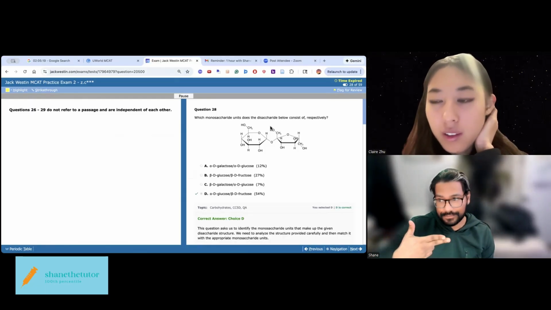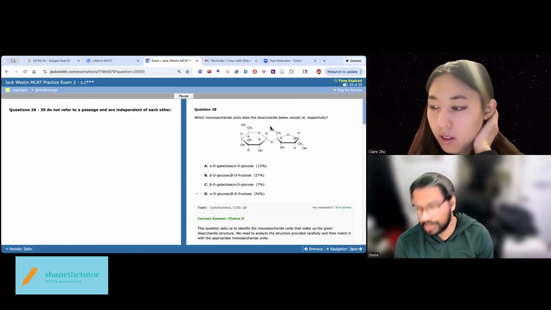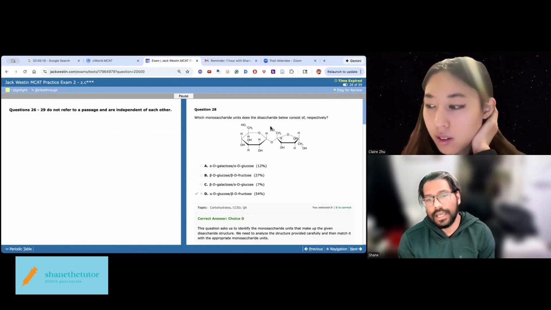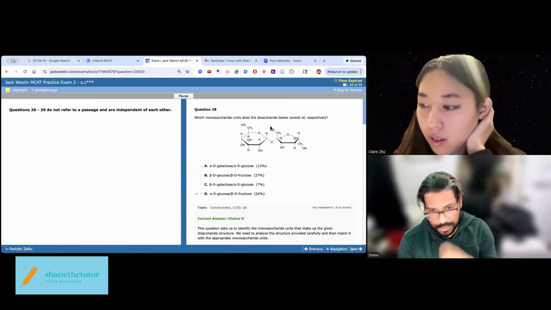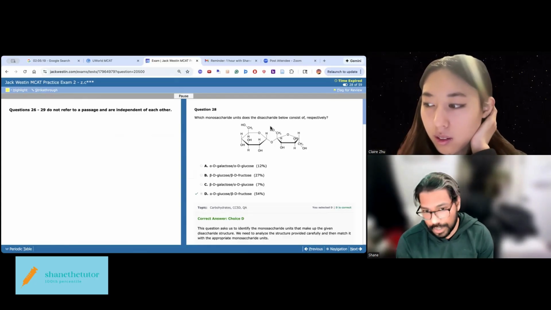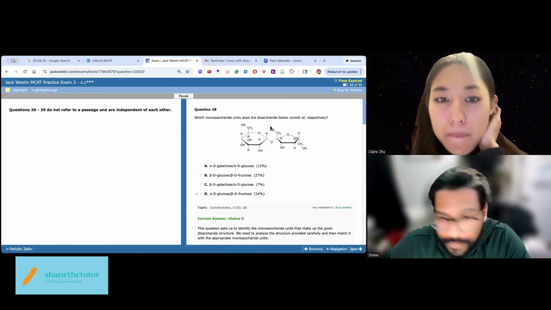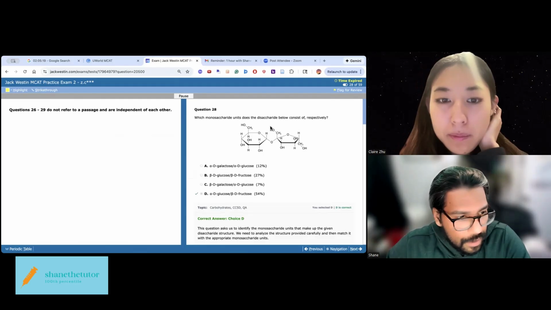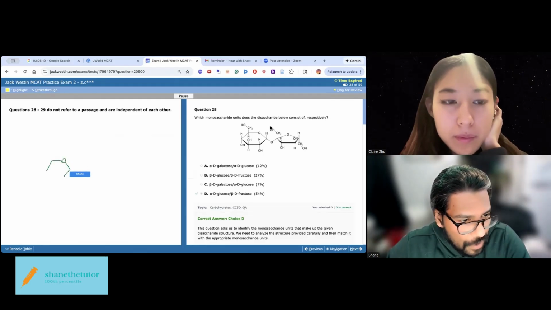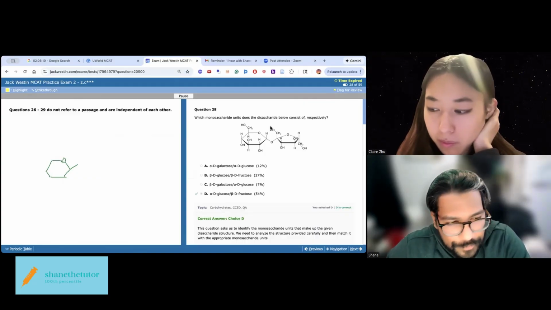And the C4 epimer, which is galactose. And all of these are aldohexoses.